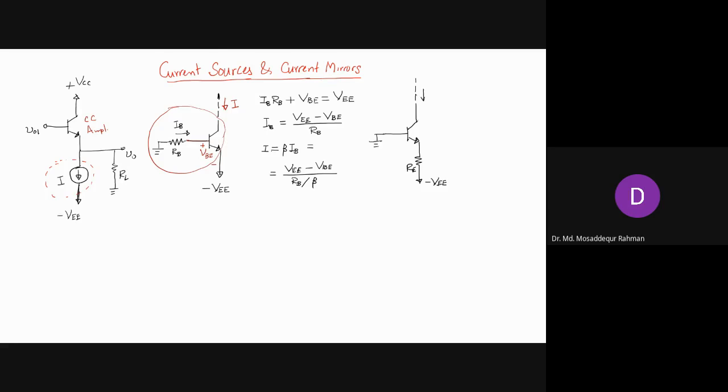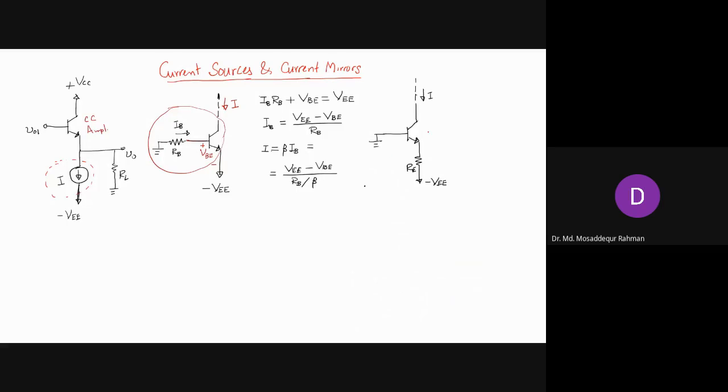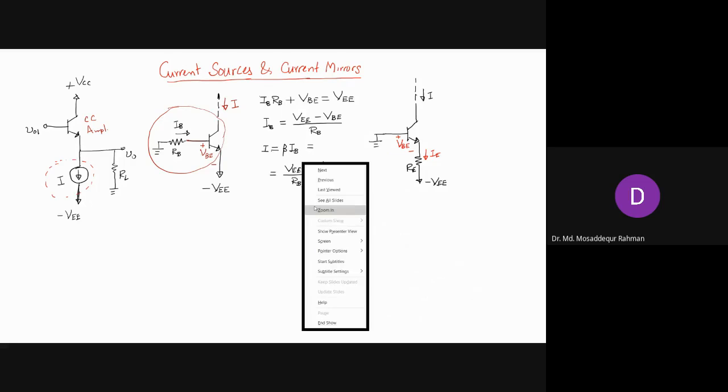So current here is I. Now this is voltage VB. So that is another way of constructing this current source.